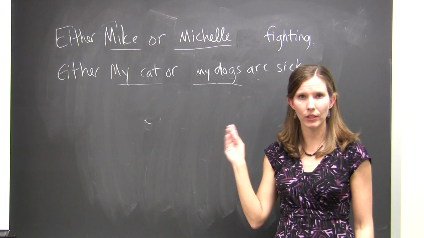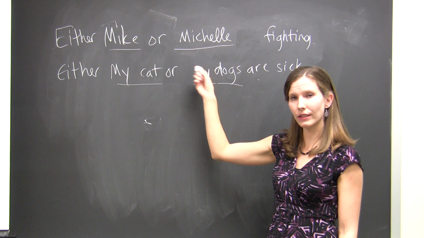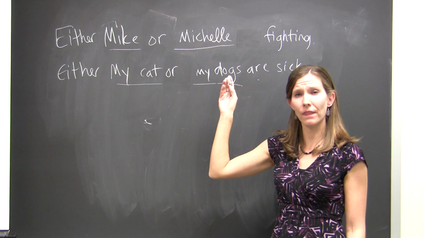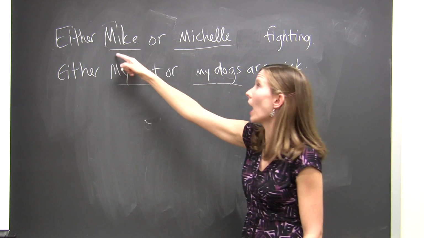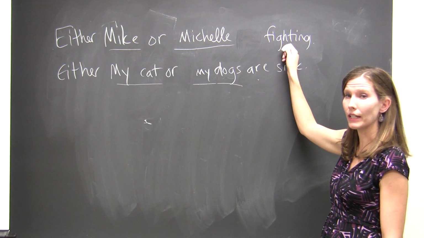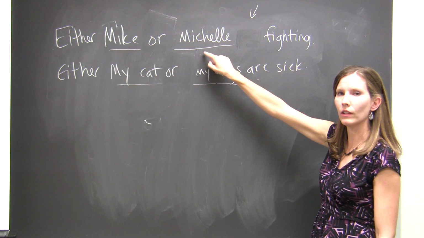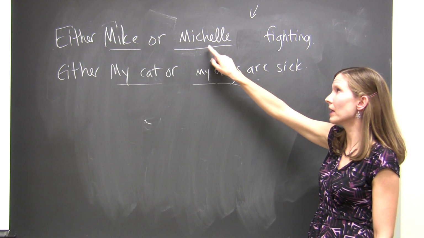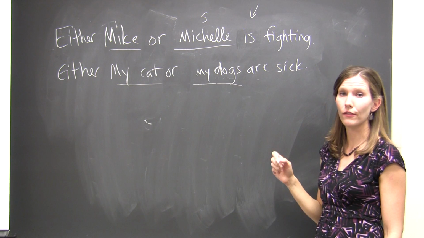When the compound subject is joined with or, the rule is you pick the part of the subject that's closer to the verb, and that determines whether the subject is singular or plural. So either Mike or Michelle blank fighting. The verb is going to go right here. That means that Michelle, that noun, is closer to the verb. That's a singular noun, so I would choose is fighting.